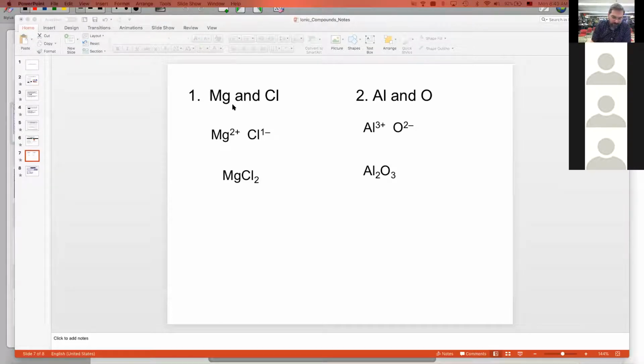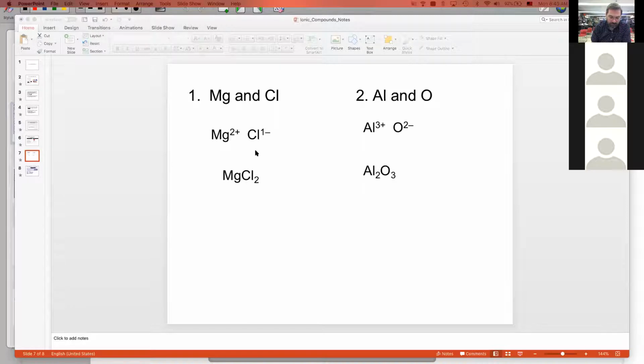And the 2 different methods are to consider what the charges each have to be. Well, if magnesium has a charge of 2 and chlorine has a charge of 1, in order for that to be a neutral compound, you're going to have 2 chlorines to go with every 1 magnesium. 2 chlorines, each with a charge of -1, would give you a charge of -2. And magnesium with a charge of 2 plus then would balance out the 2 chlorines.